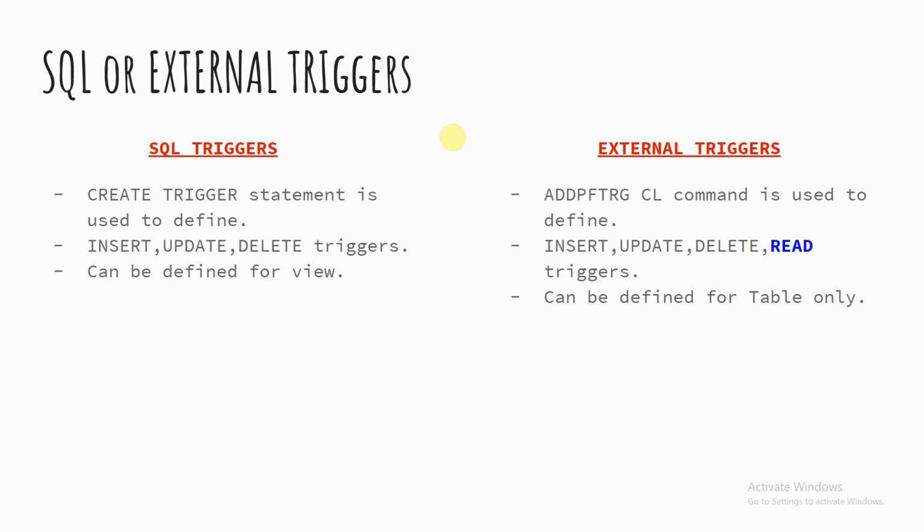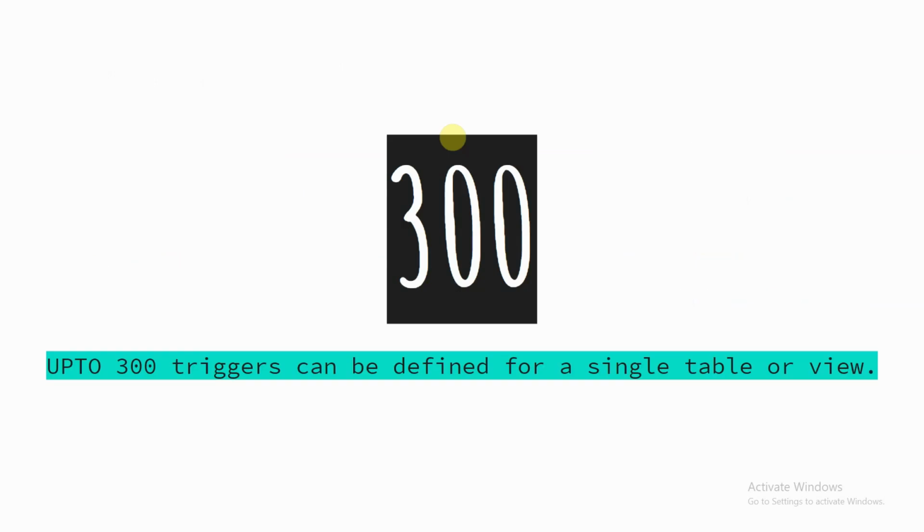Moving further, we can define 300 triggers on a single table or view. This is the maximum limit for a single table or view, which you should know.